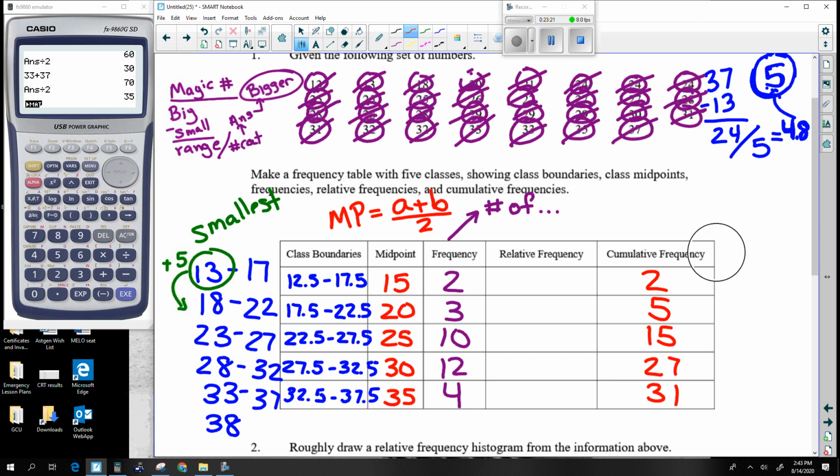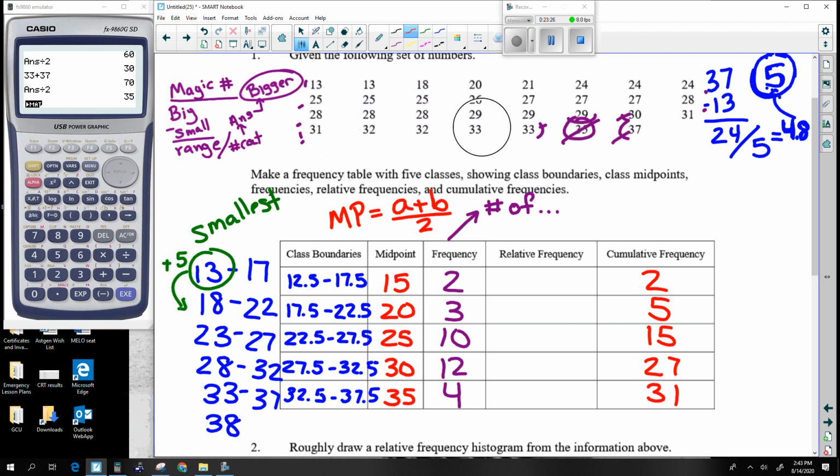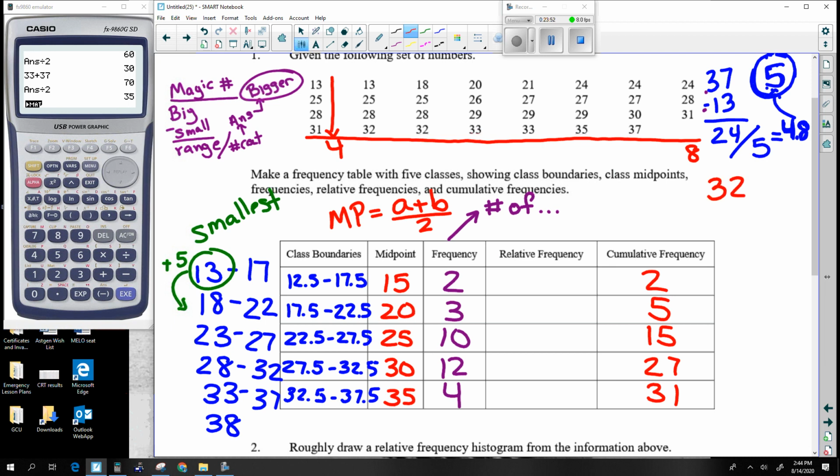A quick check to make sure that you are on the right path and that you didn't miss a number is that your total cumulative frequency, 31, should literally be the number of numbers that you have there. So I see that this is a 4 by 8, which is 32.